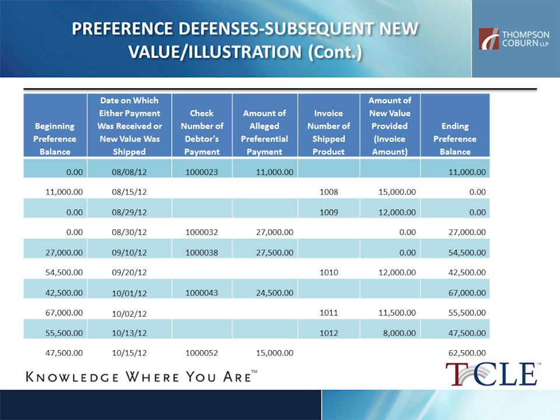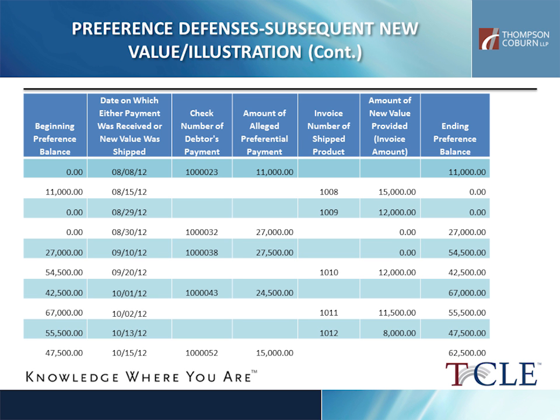And then we move on to the next event, and in our hypothetical, the next event is that the trade creditor is providing $15,000 worth of additional product to the customer. And so that $15,000 of additional product, new value, can be used to reduce the net preference balance or net preference exposure.